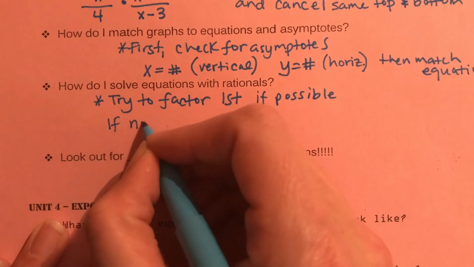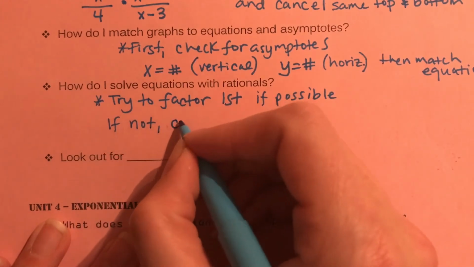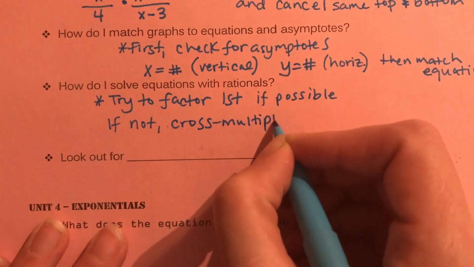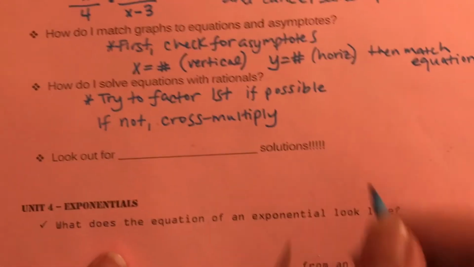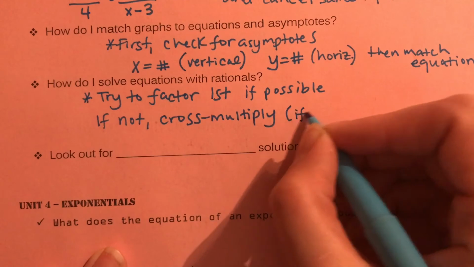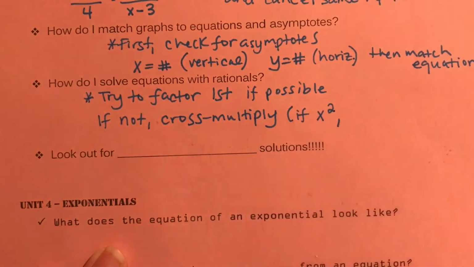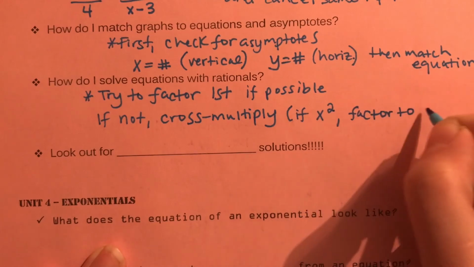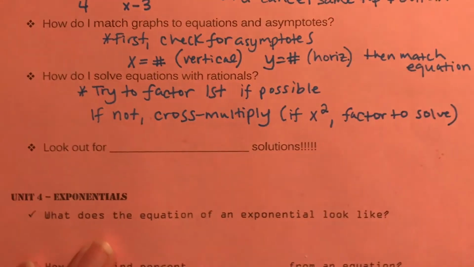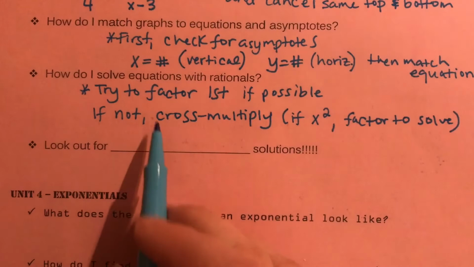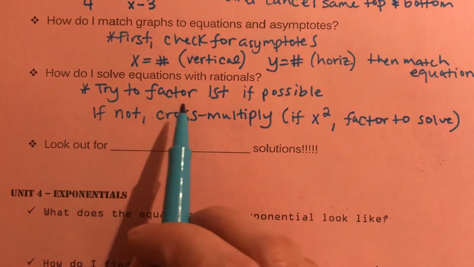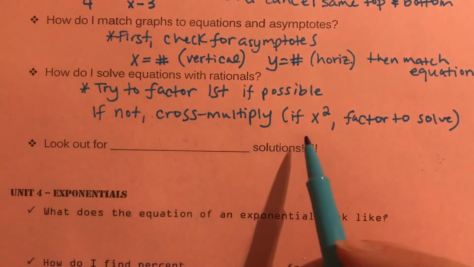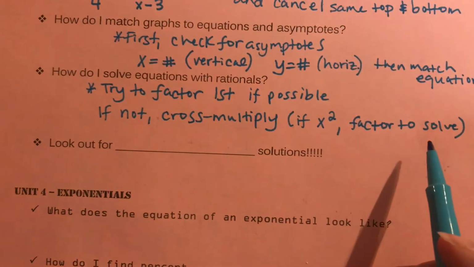But if we could not, then we would just cross multiply and then solve. If we ended up with x squared, then we factored to solve it. So try to factor and cancel out if you can. If not, then cross multiply. If you get a quadratic, then you have to factor it to solve it.